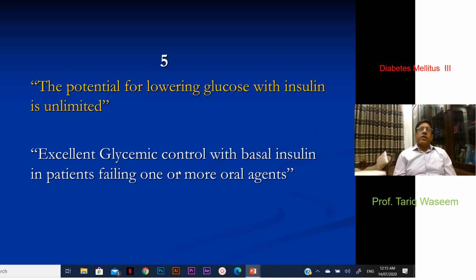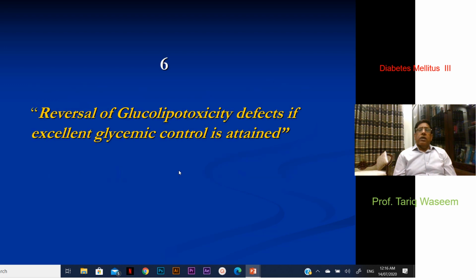The limitation of oral hypoglycemic agents, as already mentioned, is that at most you can achieve an A1C lowering of around 1 to 1.5, or maximum 2. But this is unlimited if you are using insulin for control of diabetes. Insulin not only leads to glycemic control but also reduces glucolipotoxicity defects, and of course an excellent glycemic control is attained through this.